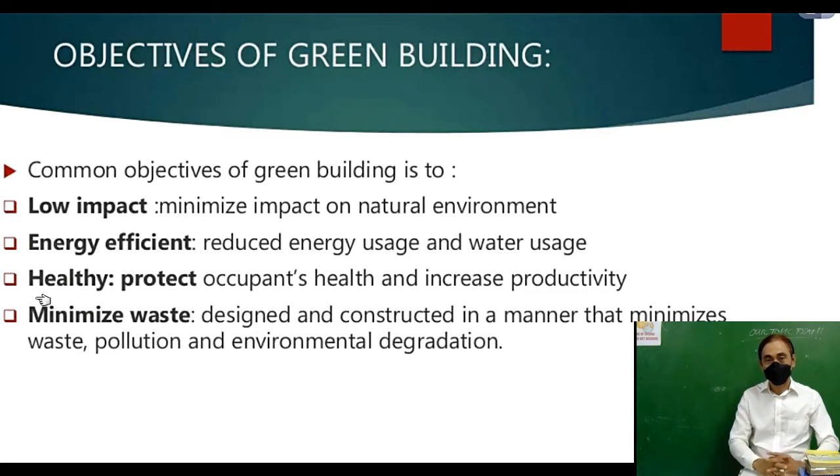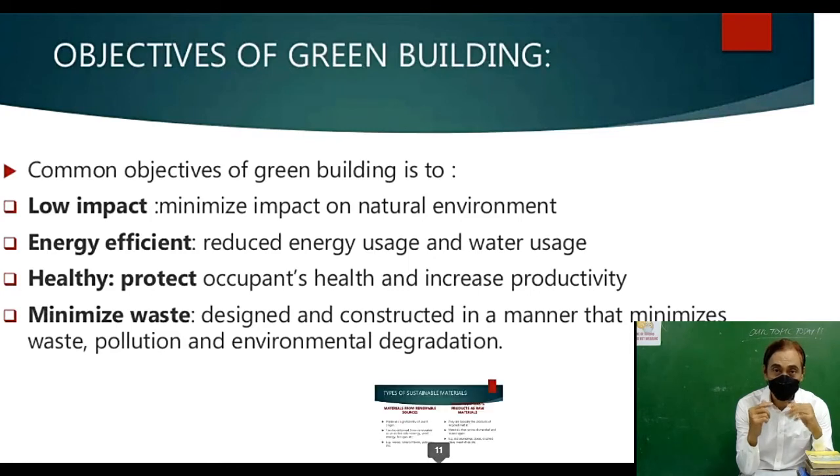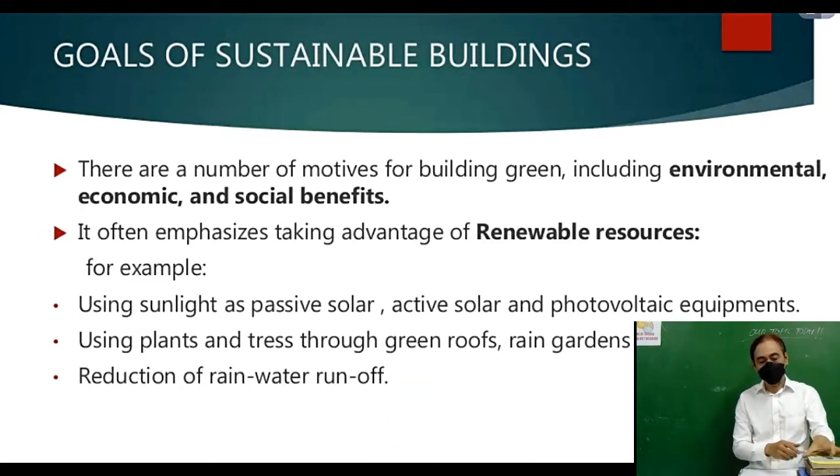Healthy, protect occupants' health and increase productivity. Also, it minimizes waste, designed and constructed in a manner that minimizes waste, pollution, and environmental degradation. Those are the objectives of a green building.